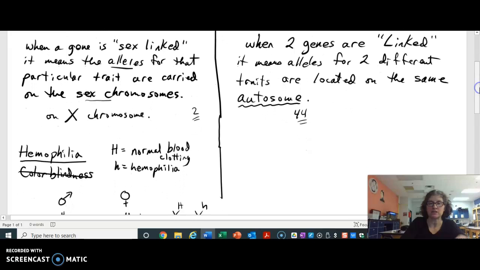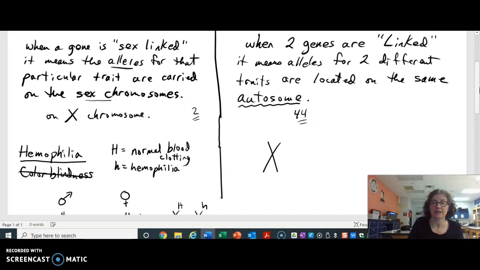So if you have genes that are linked, what that means is, let's say you have a pair of homologous chromosomes. We've talked about this before. Homologous chromosomes are the same size and shape. One came from mom, the other came from dad, and they carry quite a few genes, right? So this could be, for example, I'm going to use a color here.